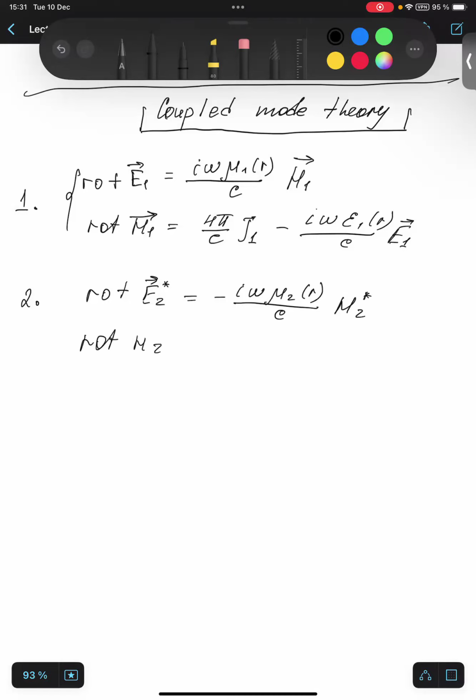Magnetic field, I over C G2 plus omega epsilon 2 R over C E1. So it's the second mode.